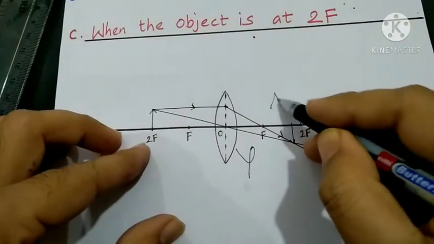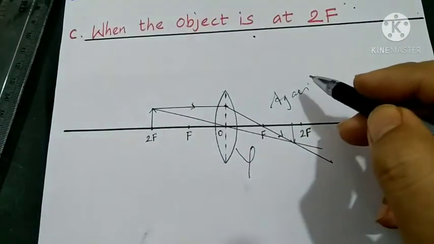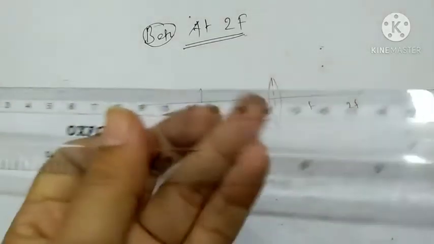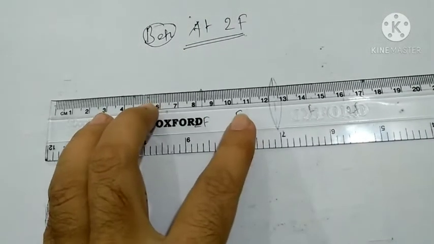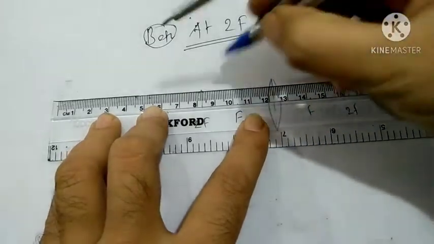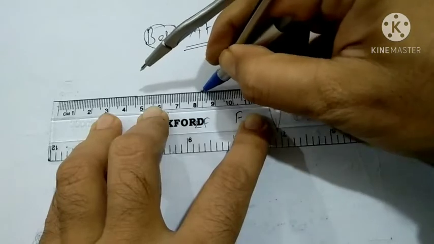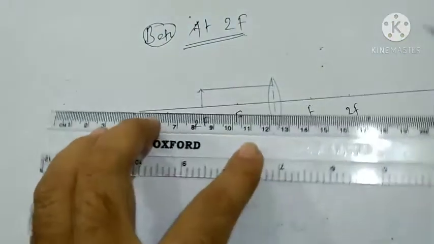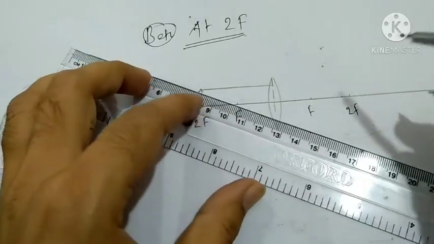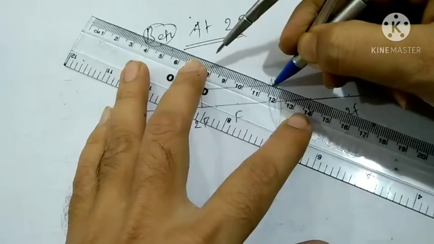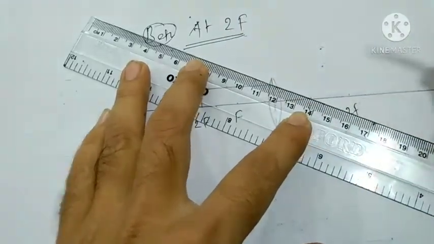Again we will draw for this. Okay friends, again we are trying it. Let's make a light ray parallel to the principal axis. You have to be very careful. This is the most difficult ray diagram, dear friends, so you have to be very careful. So it passes through focus.